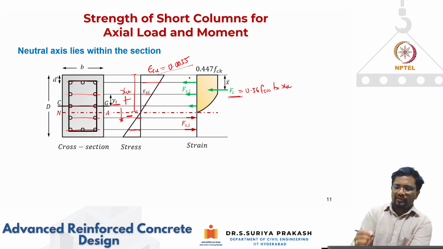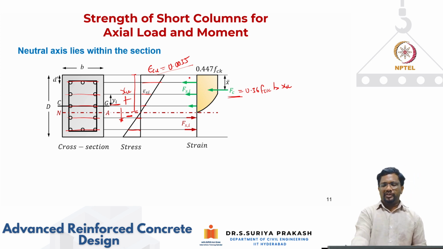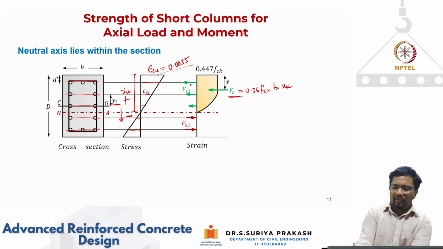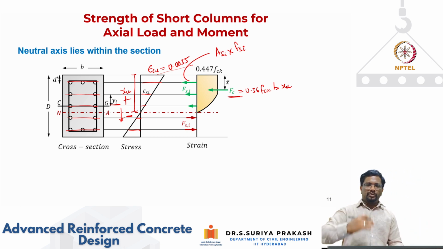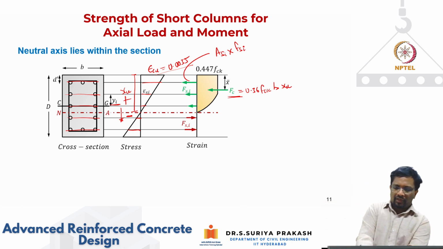And now what is the stress in each layer? These layers are also in compression. The force contribution from each steel layer is going to be the area of the steel in that particular layer multiplied by the stress in that particular layer. Now the green ones are all in compression because they are above the neutral axis. Now the red ones are in tension, that is why the direction is also changed.